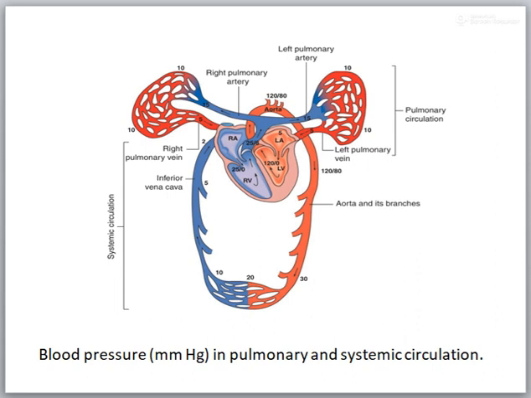This is the diagram that shows the blood pressure in the pulmonary and systemic circulation.